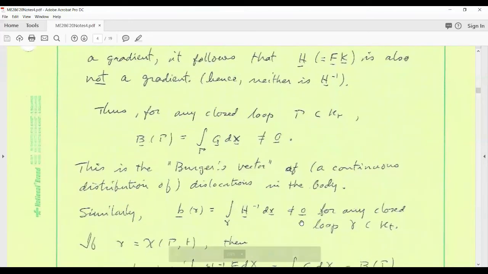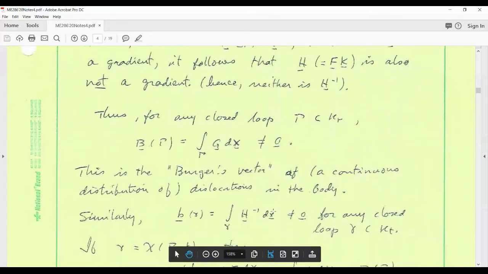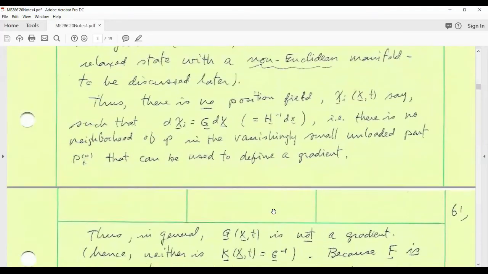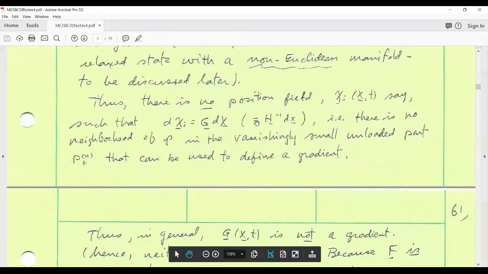So in the same way, this H inverse dx, if we look back here, is the same thing here. It's also not an exact differential. Even though d small x by itself is an exact differential, H inverse dx is not, because H inverse is not a gradient of anything with respect to small x.